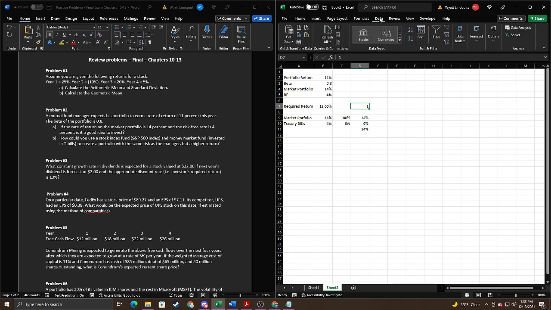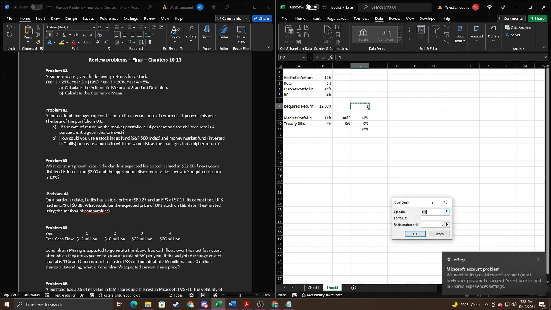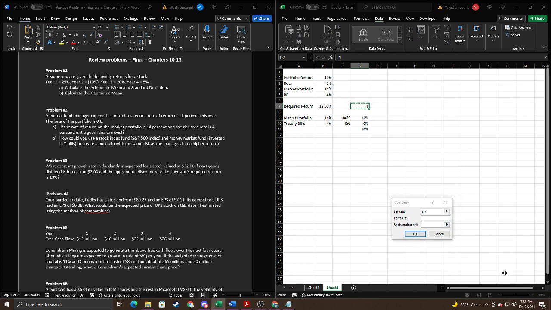So all we're going to do is go to Data, then What-If Analysis, and hit Goal Seek. Let's get rid of that, and let's zoom in a bit. All right, never mind, we can't. So we're going to set this cell, D11, to the value of 0.12 or 12% by changing this cell.